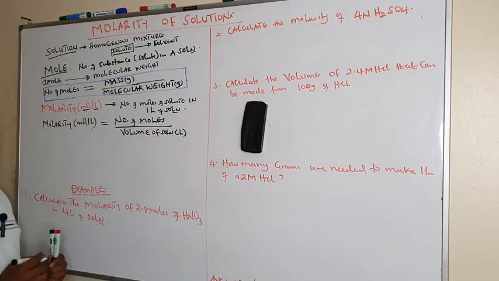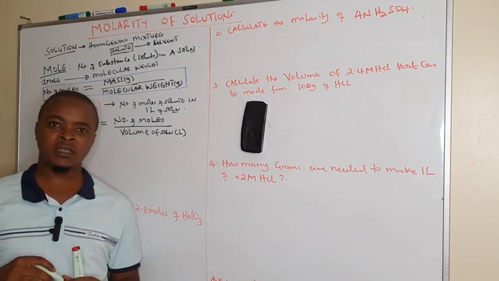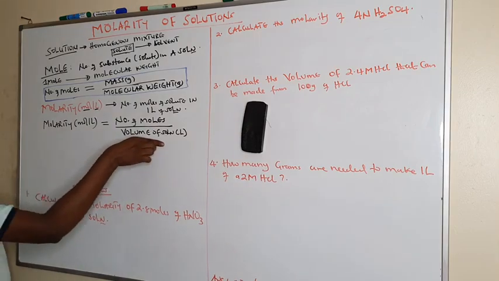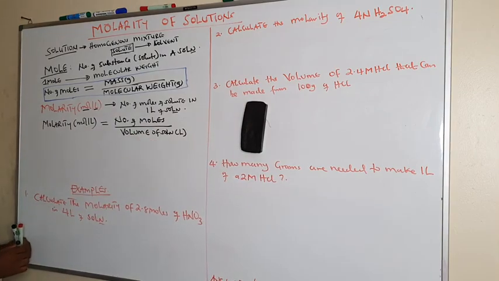That is the formula we can use to calculate the molarity of a substance: number of moles divided by the volume of the solution.